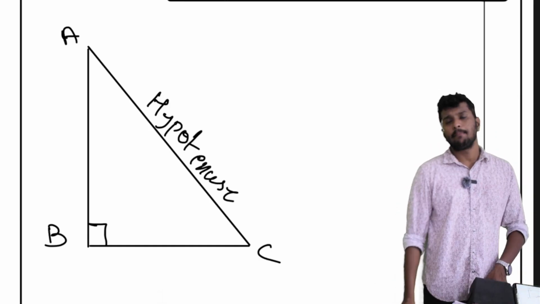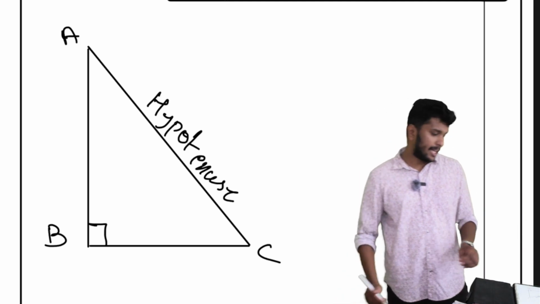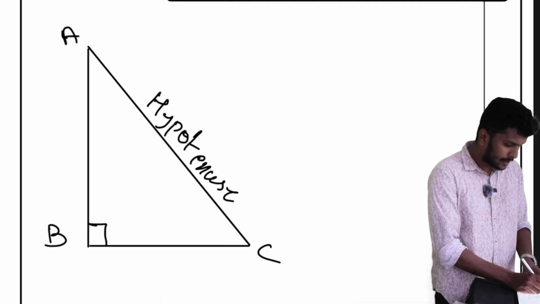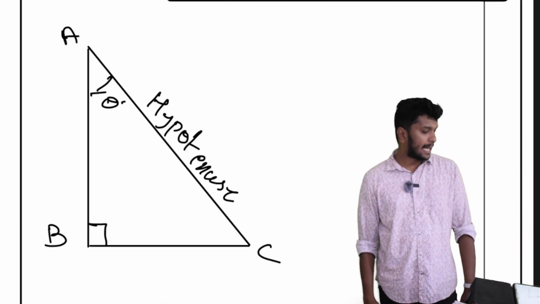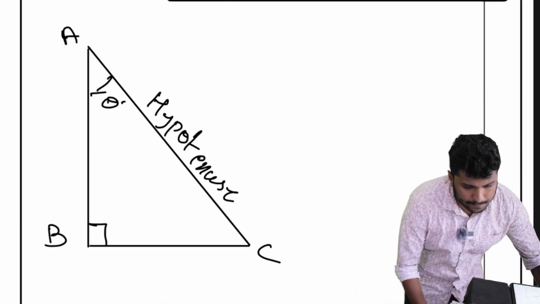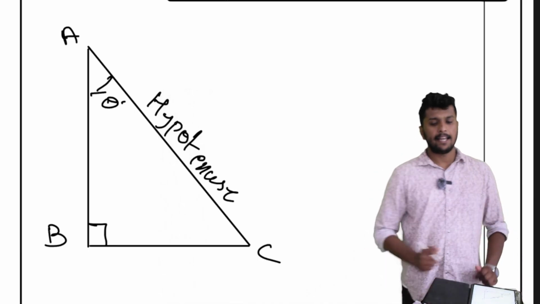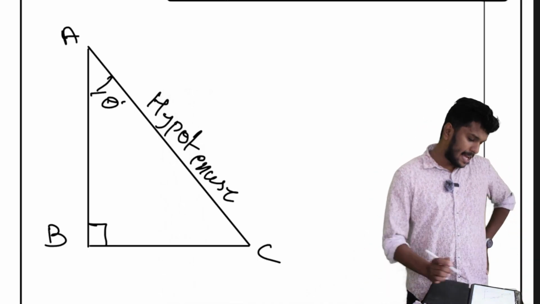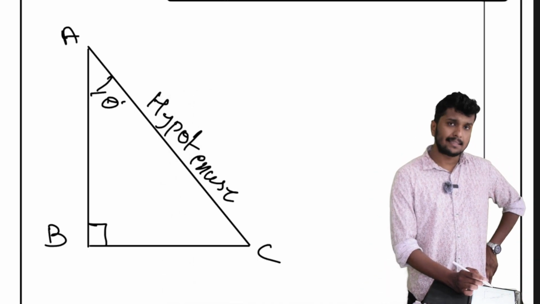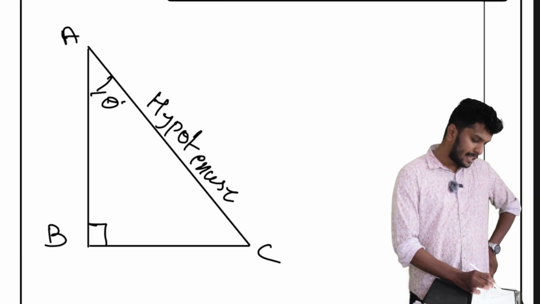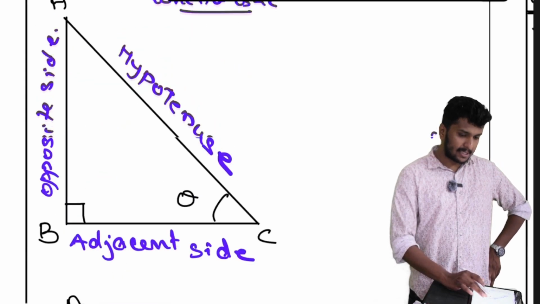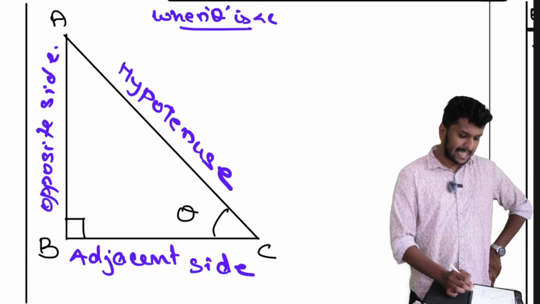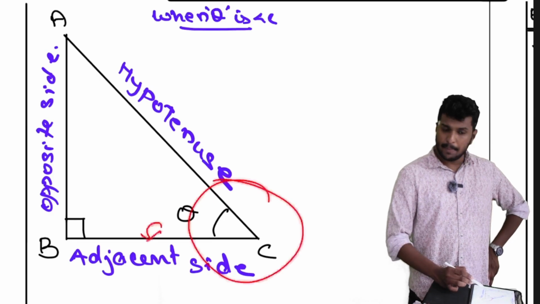I have the hypotenuse as AC. Now if I take theta as angle A, what would my adjacent side be? If this is theta, the adjacent side should be AB. In our previous method, if I take theta as angle C, adjacent will be BC.